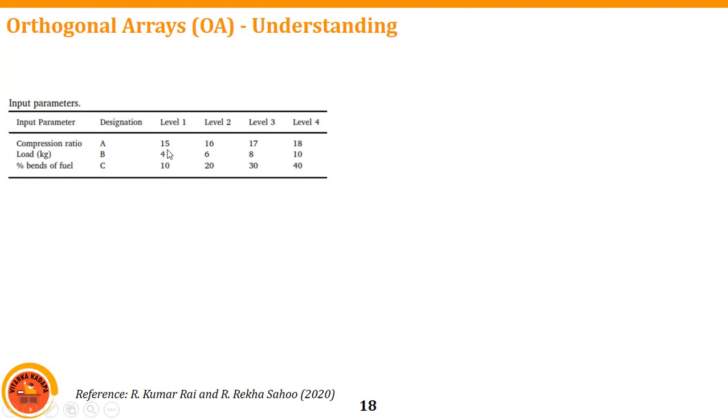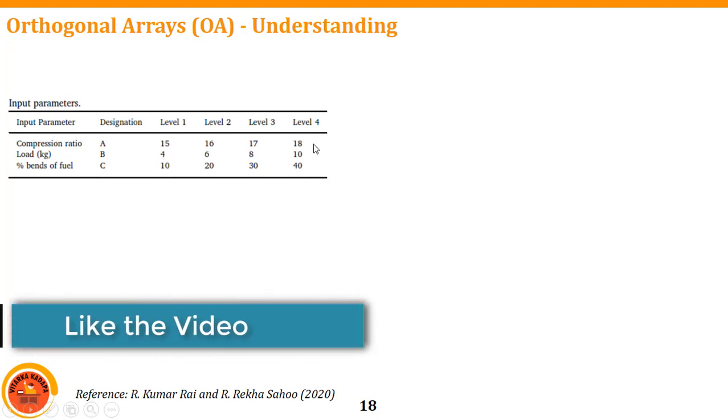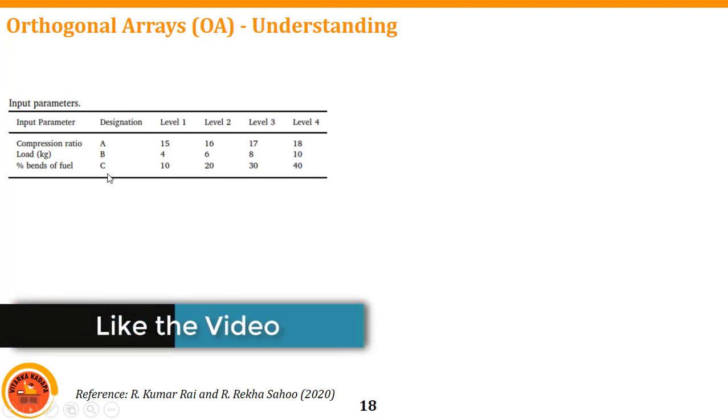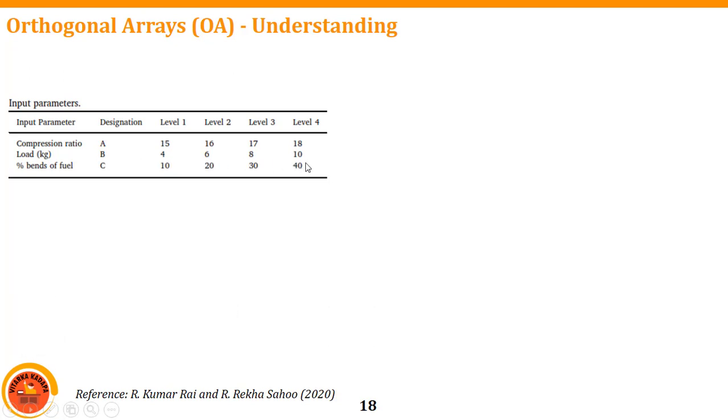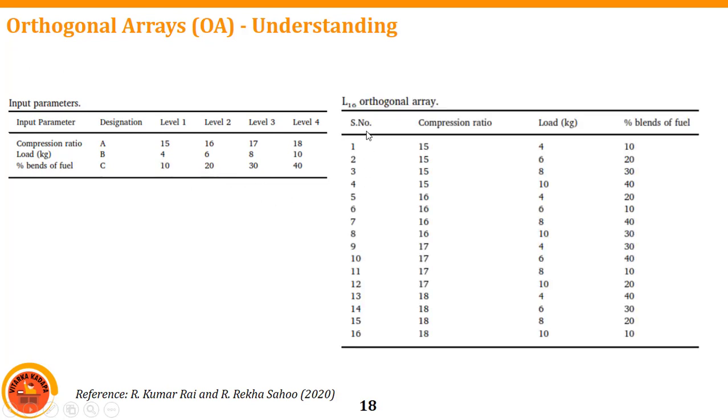Compression ratio at 4 levels: 15, 16, 17, and 18. The load applied on the engine is 4, 6, 8, and 10 kg. The percentage of fuel blend is 10%, 20%. And Taguchi will give an array like this: L16 orthogonal array.